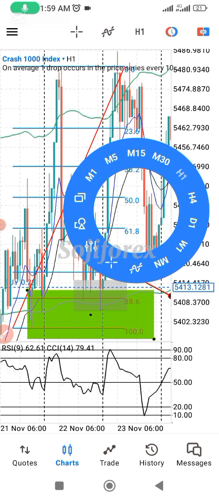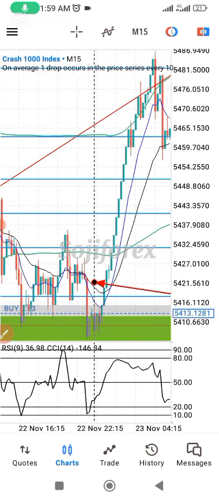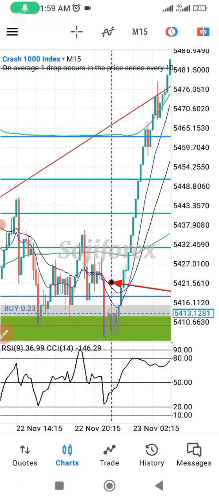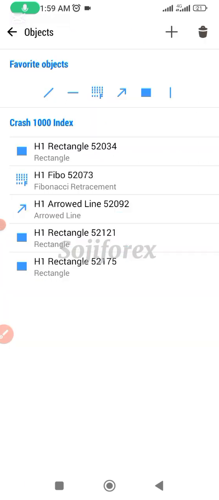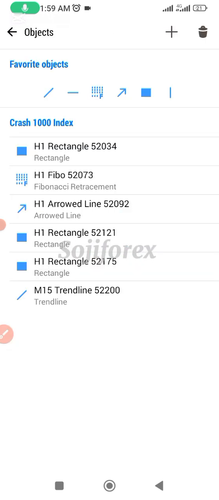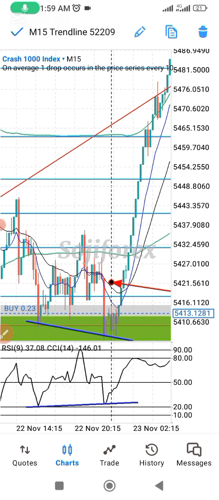So I moved to my 15-minute time frame. Beautiful. So here is how I find my entry. On my 15 time frame, I realized that there is a divergence. So I spotted this divergence on my M15 time frame.